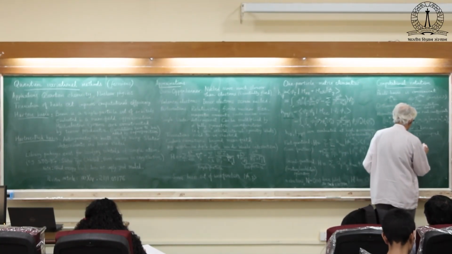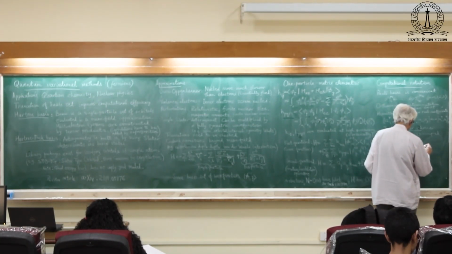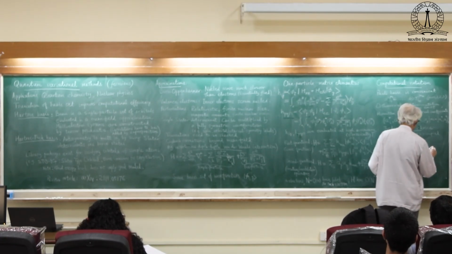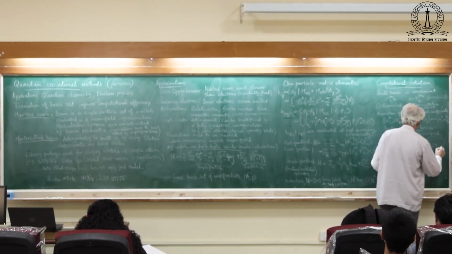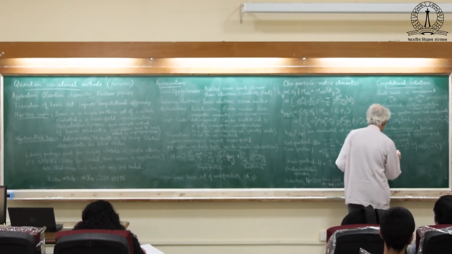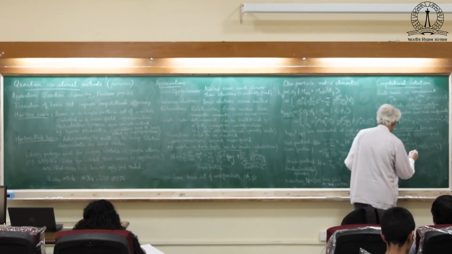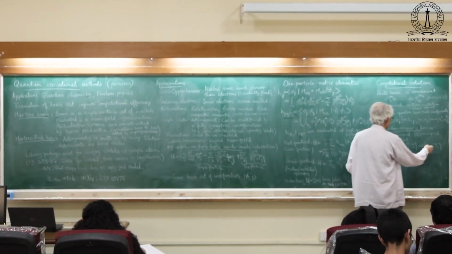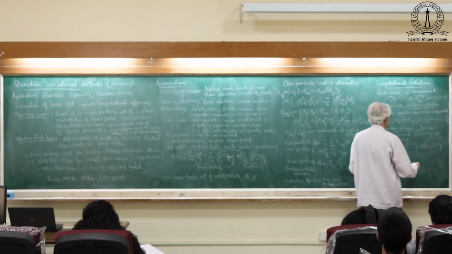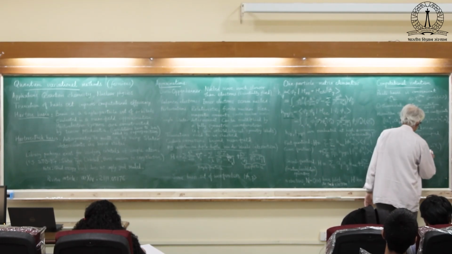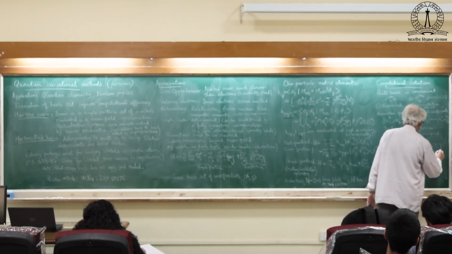And you can write it as half of x minus i times y. This is the Pauli notation, okay? I'm choosing x, y, z instead of sigma 1, sigma 2, sigma 3, but that is understood. And the other is the complex conjugate.